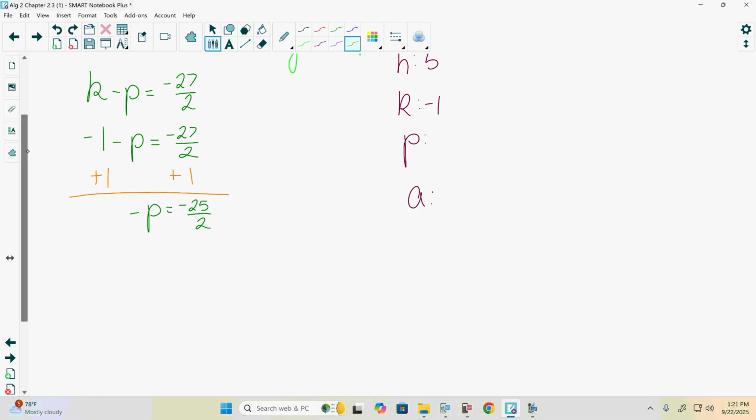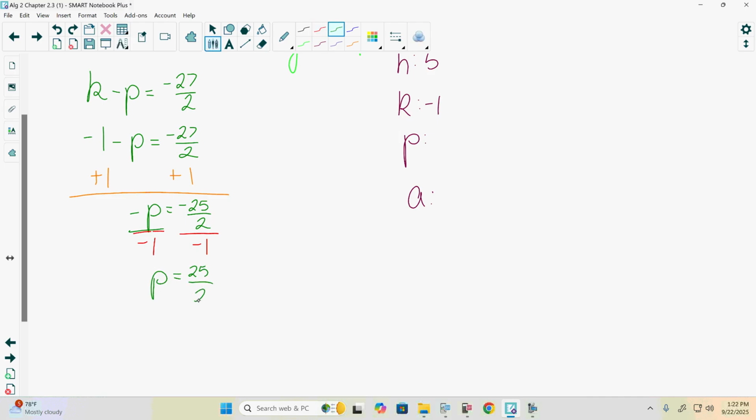But we're told that negative p is equal to negative 25/2. We don't want to know what the value of negative p is. We want to know what the value of p is. So what we can do is divide both sides by negative 1. Well, negative p divided by negative 1 is, lo and behold, positive p.